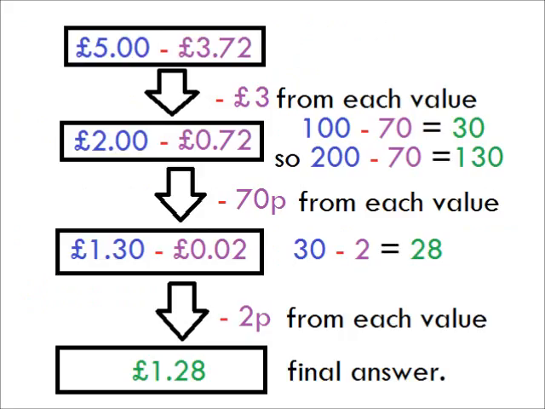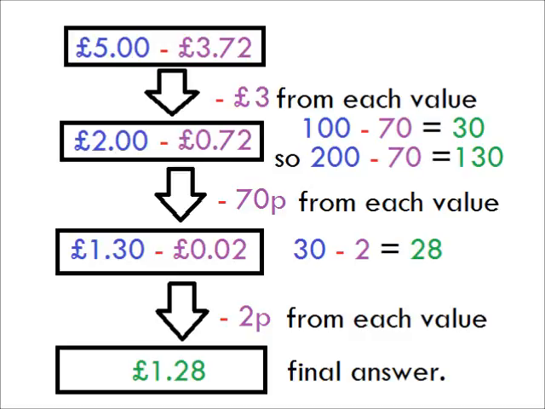Here we have a flowchart showing the steps taken. First of all, £5 minus £3.72. If you take £3 from each value, knowing that 100 minus 70 is 30, so 200 minus 70 is 130. That leaves £2, then we need to take 72p off.